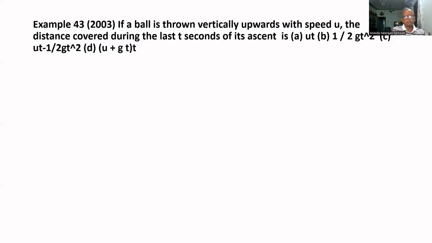Which one is correct? We have to find. Here, ball is thrown vertically upwards with a speed u. So initial speed is u.